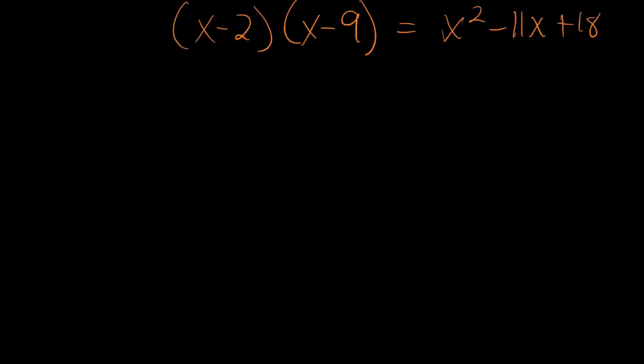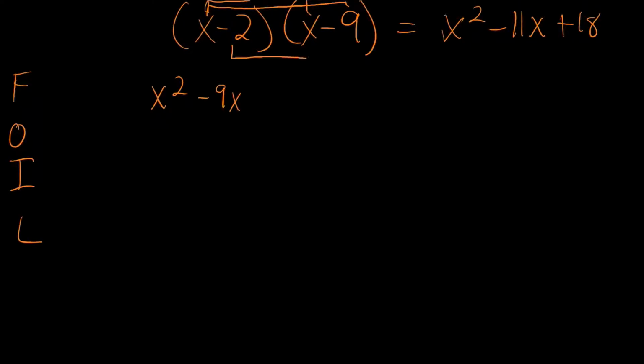That's what I'm trying to prove. So let's use our FOIL method, just to double check to make sure we did this right. X times x is x squared. There's my first. Now my outermost, x times negative 9, gives me negative 9x. My innermost, negative 2x.